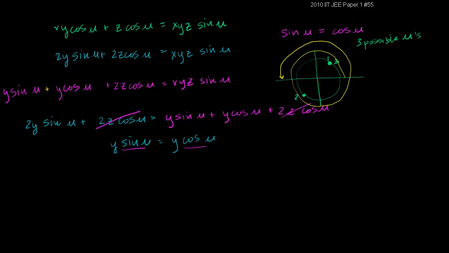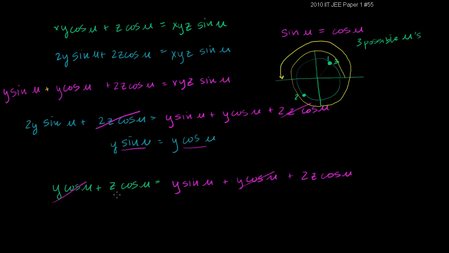So we could write y cosine of u plus z cosine of u is equal to this whole thing over here, is equal to y sine of u plus y cosine of u plus 2z cosine of u. And then we have a y cosine of u on both sides. Those will cancel out. We can subtract a z cosine of u from both sides.